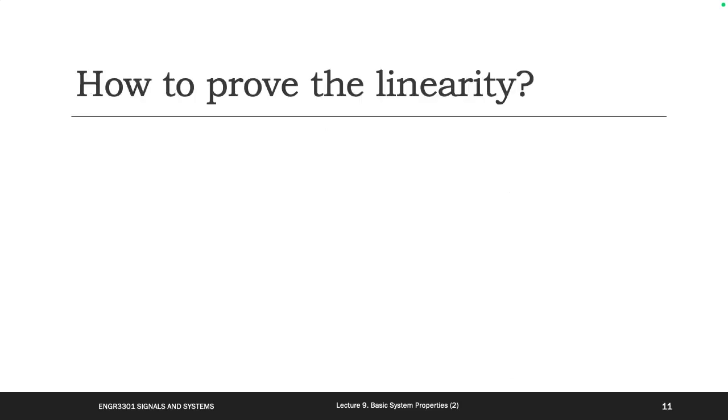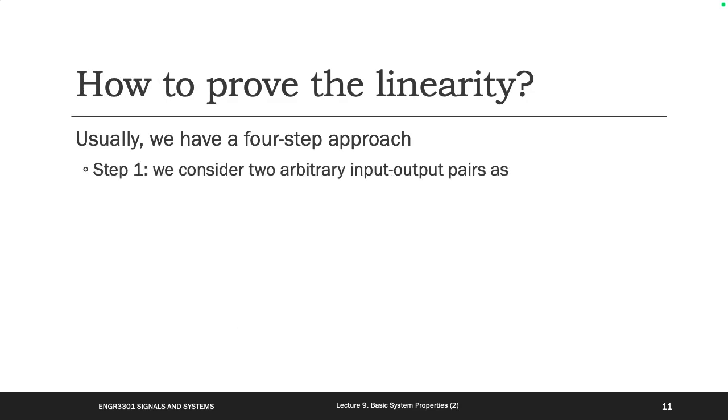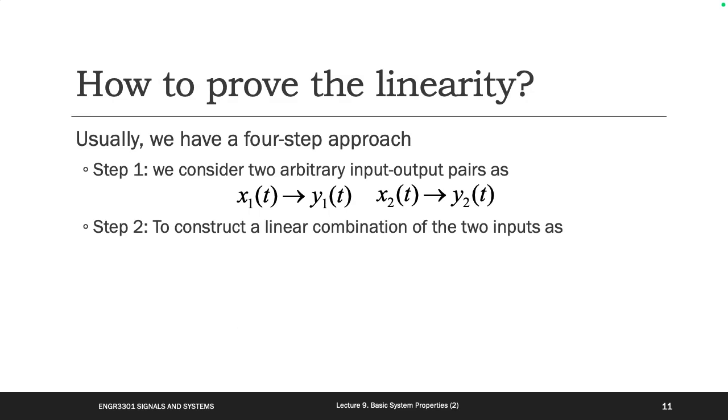Okay, and then how to prove the linearity? Actually, we also have four steps. The first one, we consider two arbitrary input-output pairs as this one. Then construct a linear combination of the two inputs: x3(t) equals a x1(t) plus b x2(t).